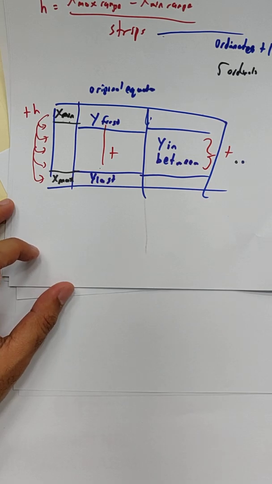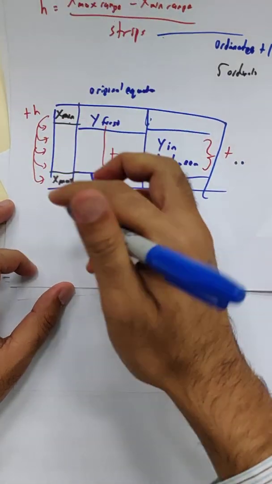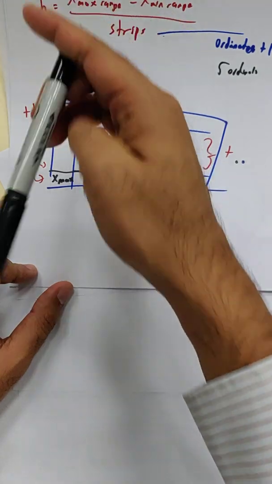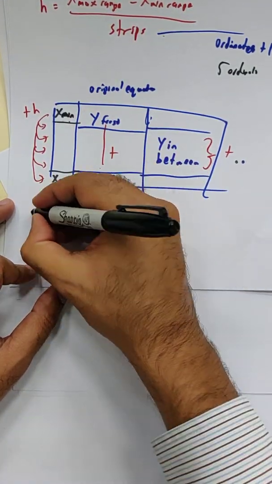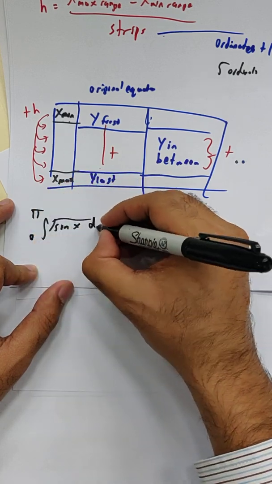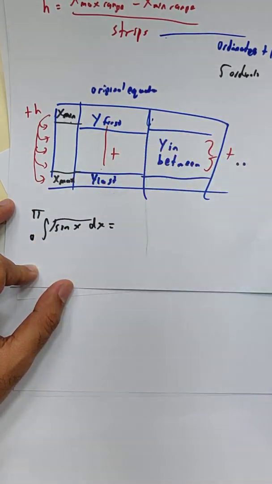And finally, the equation will be, copy that one back. Copy the original equation. Sine x square root phi 0 dx equals to what you got over here.